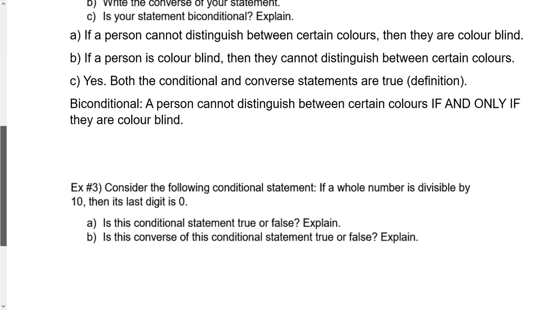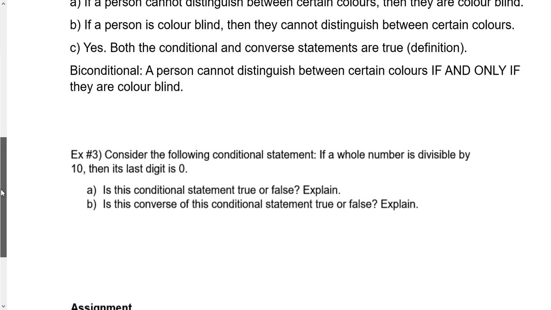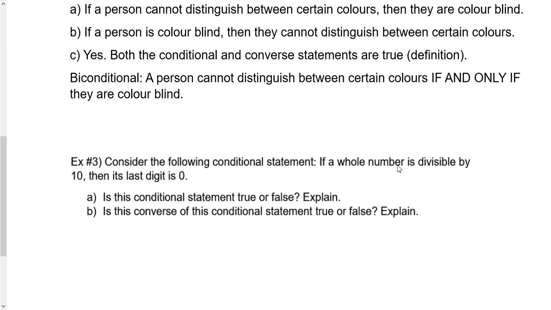All right, take a look at this one. Consider the following conditional statement: if a whole number is divisible by 10, then its last digit is 0. Now we're talking about complete divisibility, meaning that your answer is a whole number or an integer.